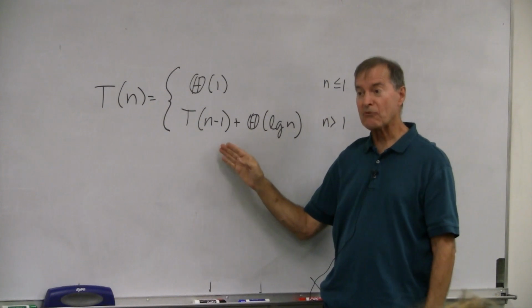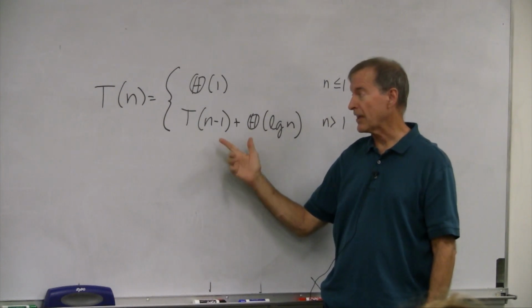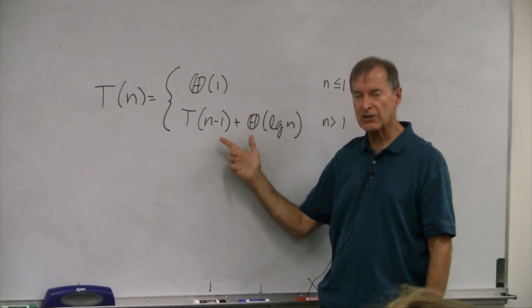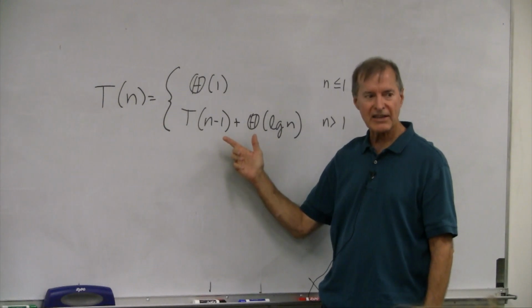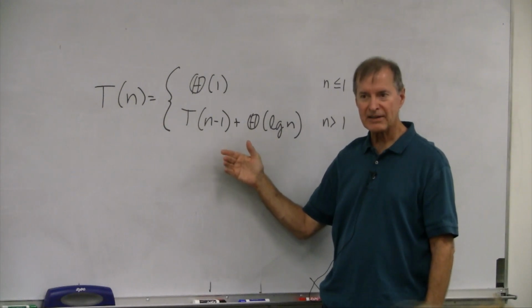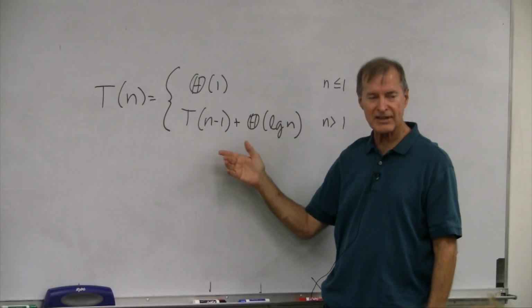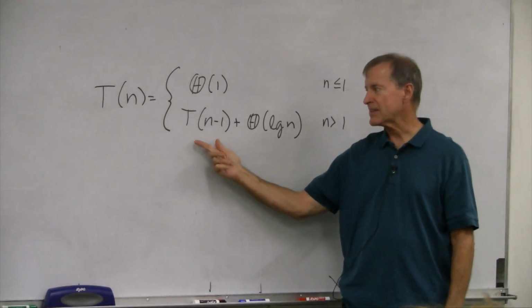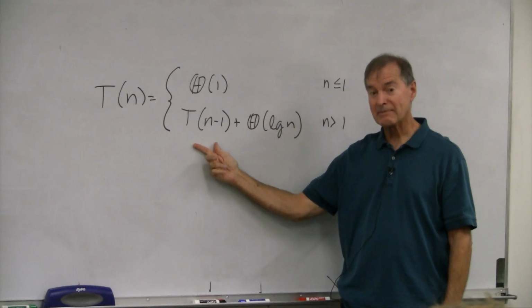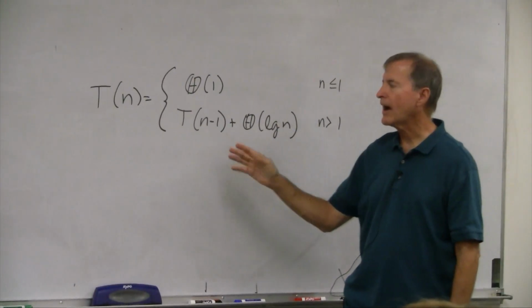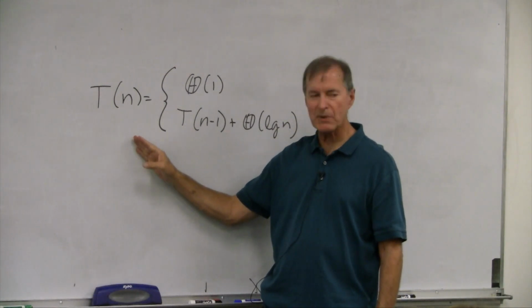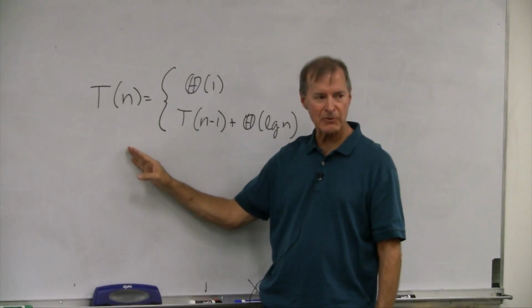It's also very difficult to come up with a problem where you can prove a solution by guessing the solution and then proving that it is. And why is that? The reason is because this is T of n minus 1, right? Oh yeah, actually it would be this, wouldn't it? It would be prove that it's true for T of n plus 1, assuming that it's true for T of n. Isn't that how we would do it?